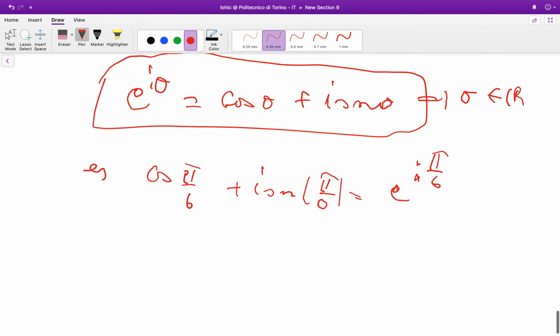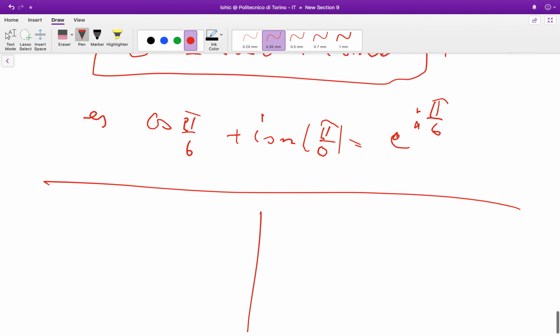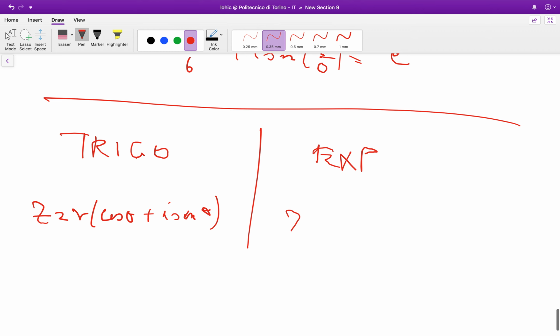So at the end, what do we get? From the trigonometric representation, z is r multiplied by the cosine of theta plus i sine of theta, right? The exponential representation will just be z equal to r multiplied by exponential.